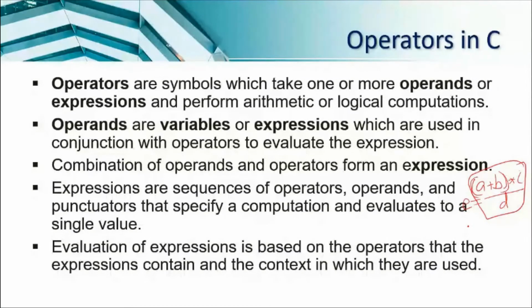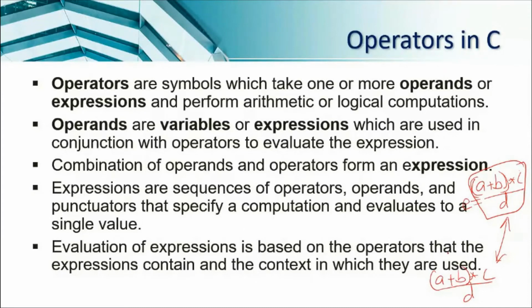This is different from A plus B into C divided by D. In writing they are almost similar except for this bracket, but the values will be different, because when we put brackets, it means a different precedence of how the operators are done.